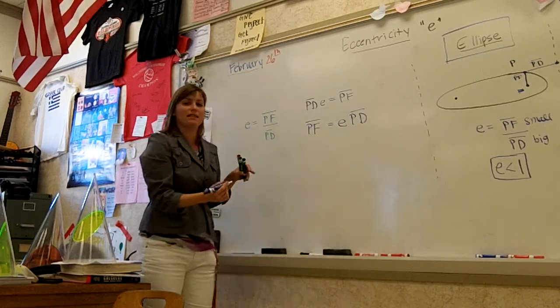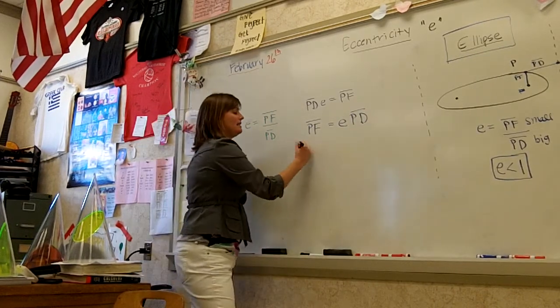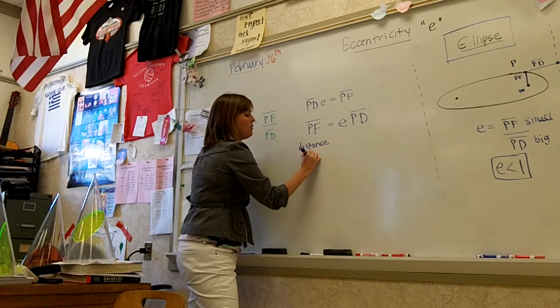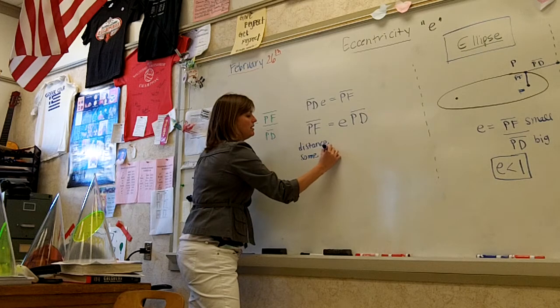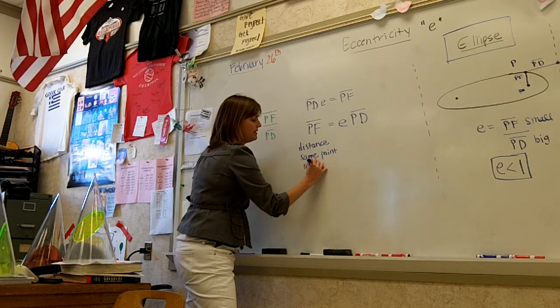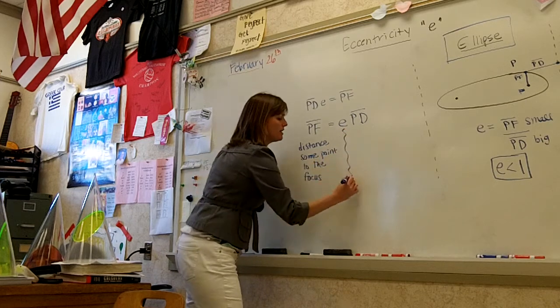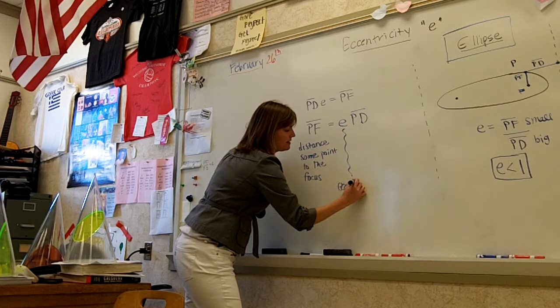Okay, so let's talk about what these things really mean. PF is the distance from some point to the focus. E, remember, is our eccentricity.